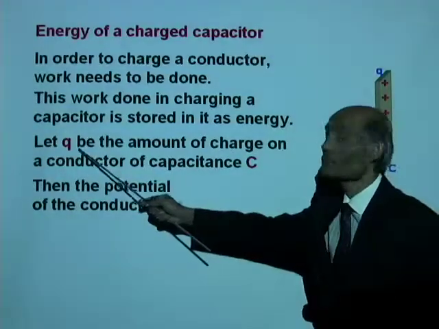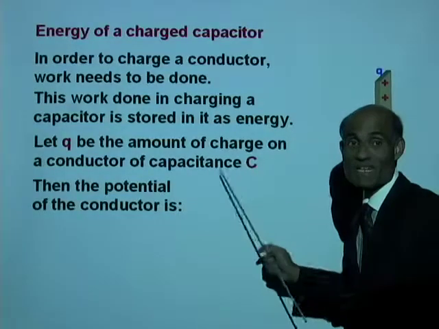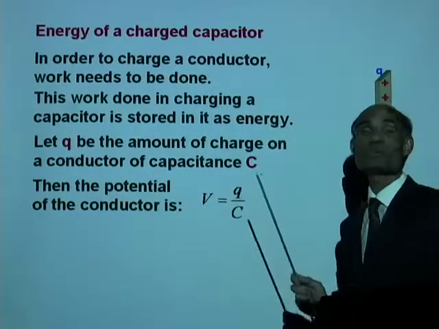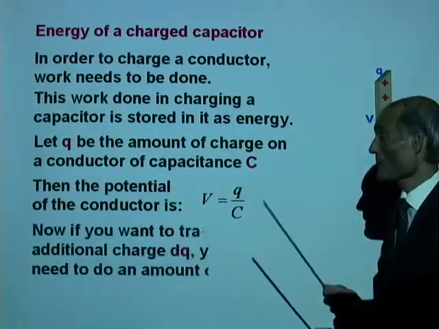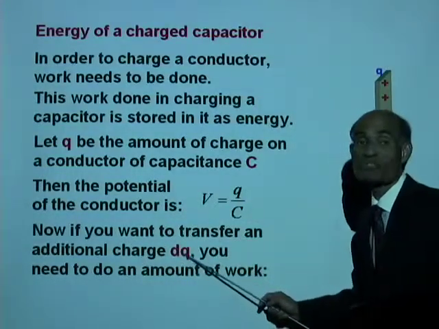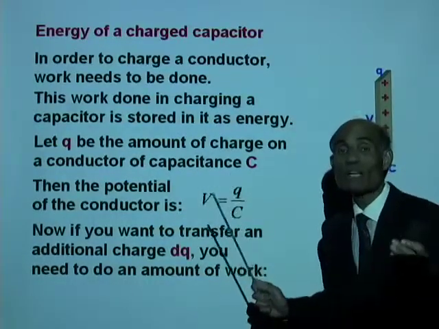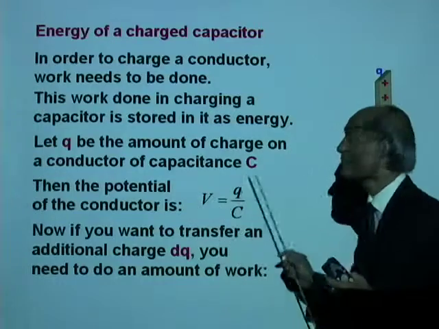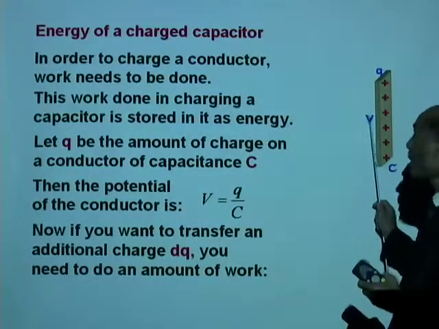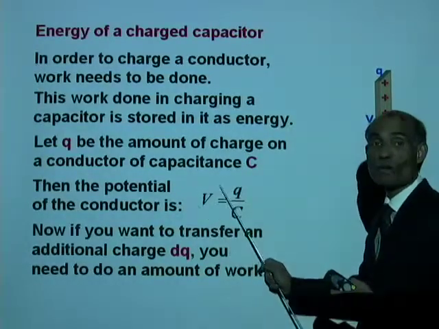So, if Q is the amount of charge on a capacitor plate of capacitance C, then the potential of the conductor will be V equal to Q over C. Now, if you want to transfer an additional charge dQ, remember this V stands for work done per unit charge. If I want to move 1 coulomb of charge and put it on this capacitor, I need to do this many joules of work.